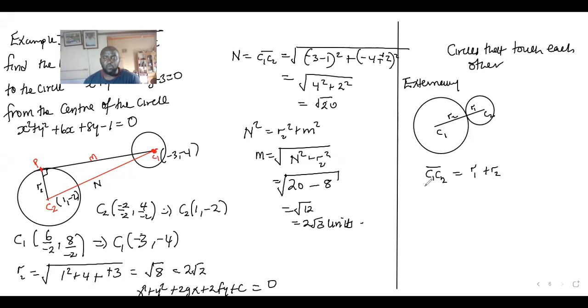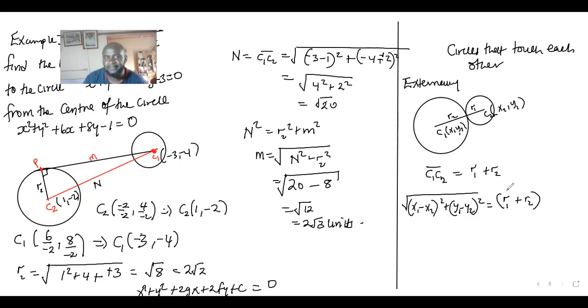And C1C2 is the square root of, if this one has x1, y1, this one has x2, y2, then you have x1 minus x2 squared plus y1 minus y2 squared, is equal to the sum of the radii squared of the two circles. This is the evidence. They will ask you to show that the circles touch each other externally. So this is external touching. I've sent you the notes, you read through.